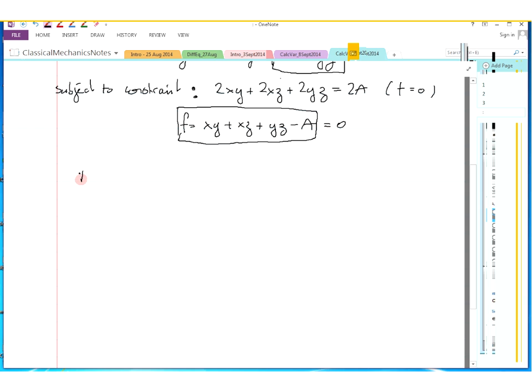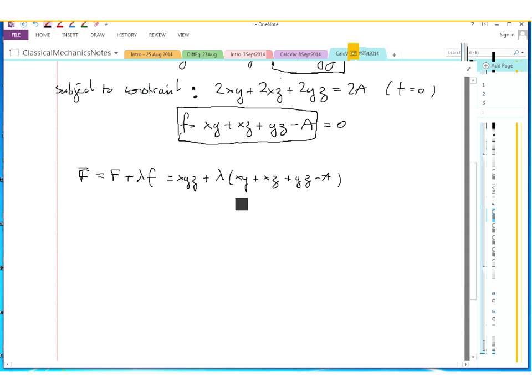So the method of Lagrange multipliers tells us to build the function f bar, which is f plus lambda times little f. This f bar is f, which is xyz, plus lambda times (xy plus xz plus yz minus a).